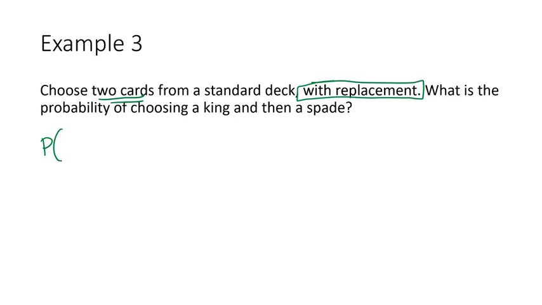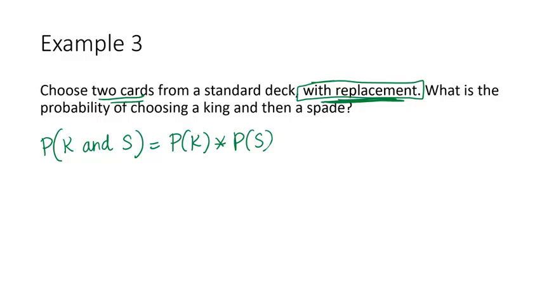If I'm looking to choose a king and a spade, then I'm able to look at the probability of just a king, look at the probability of just a spade, and multiply them together. Because I'm replacing that card, these are just independent of each other, and I can look at them separately.